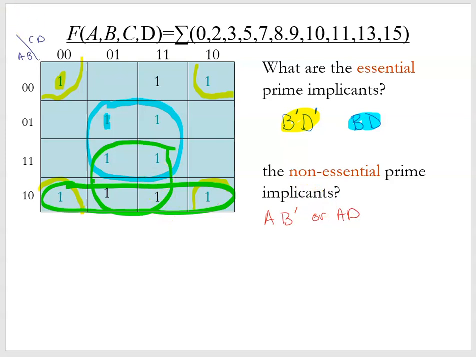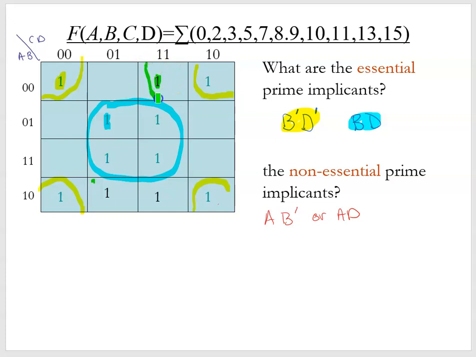Additionally, let's just erase those for a minute so we can see what's on here. So additionally, if we take a look at this one, then what we have is these 2.